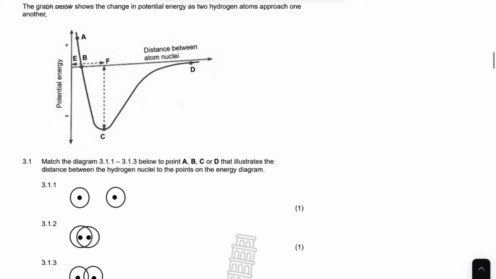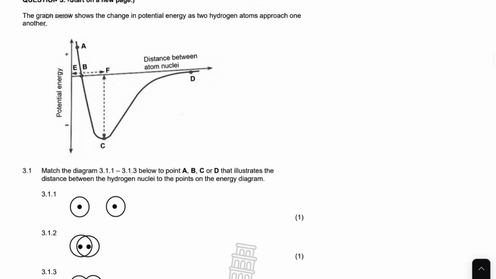Right, let's go to this one. This question, guys, if you look at this graph below, it shows the change in potential energy as the hydrogen atoms approach one another. Guys, if you look here, the atoms at this state, at D, are separated from each other, right? So the energy is approximately zero, but the energy they have is the highest.